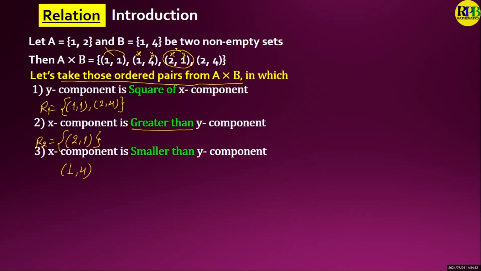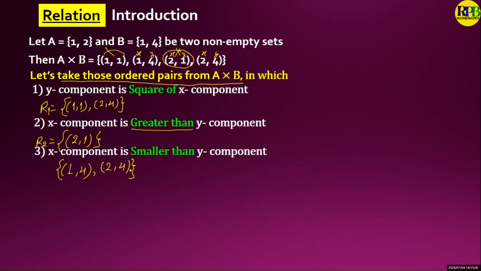So we'll reject this also. And the last ordered pair, X component is 2, Y component is 4. Yes, X component is smaller than Y component. So we'll take that. 2, 4.